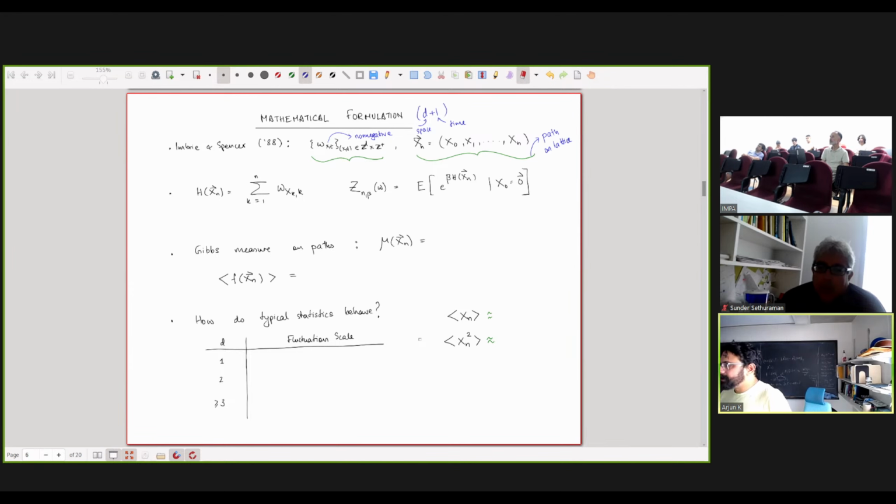And the partition function here is just Z_n(beta), where you take the expectation over some base measure on paths. That's typically the simple random walk.